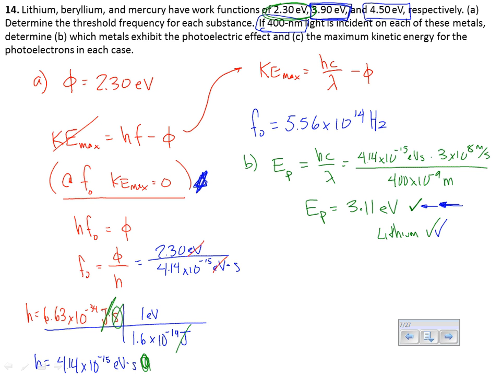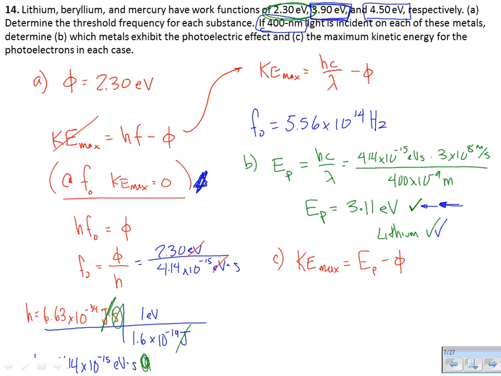If we want the maximum kinetic energy of the electron ejected from this lithium, KE max is E photon minus phi, same thing as hf or hc over lambda.